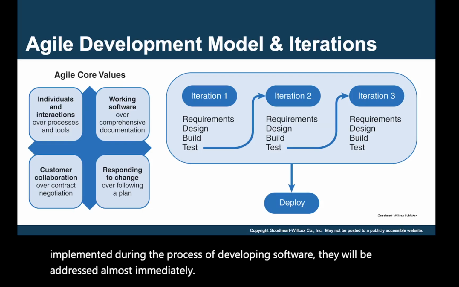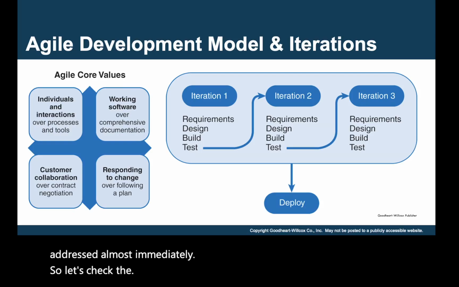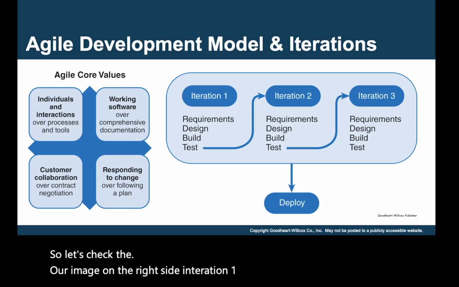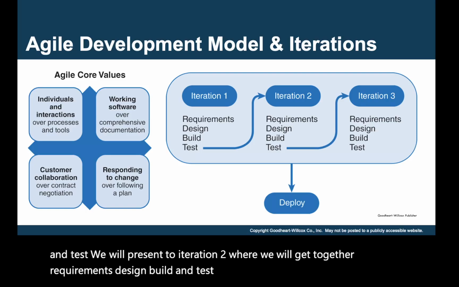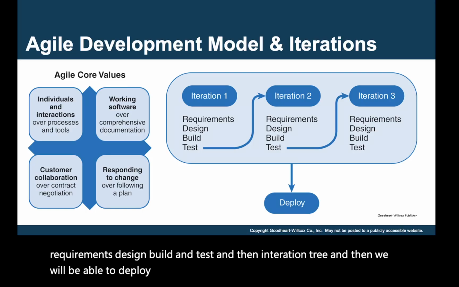So let's check the image on the right side. Iteration 1 is requirements, design, build, and test. We will proceed to iteration 2, where we again get requirements, design, build, and test, and then iteration 3. And then we will be able to deploy this software.